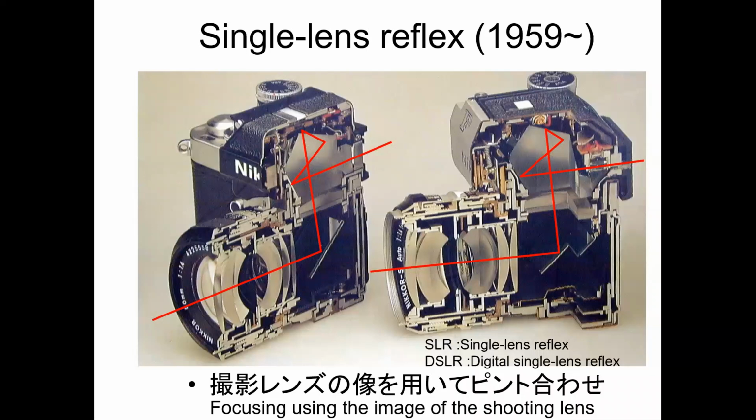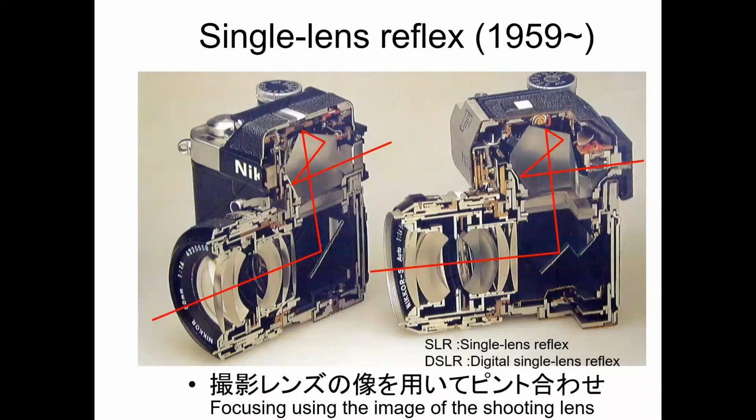I heard Pentax comes from this prism. I heard Pentax has a patent for this prism, so they named the company Pentax. But a similar prism was also developed by Nikon, Canon, and other camera makers, and they put those special prisms here.